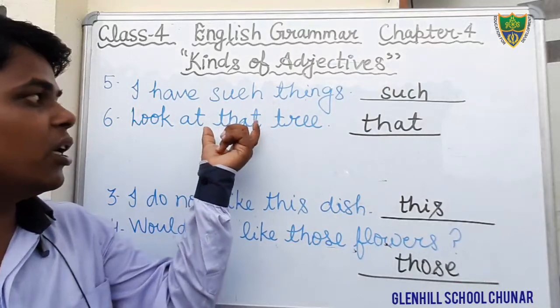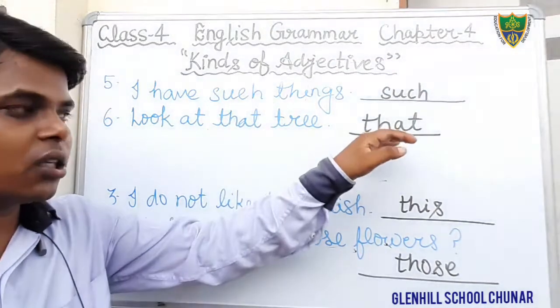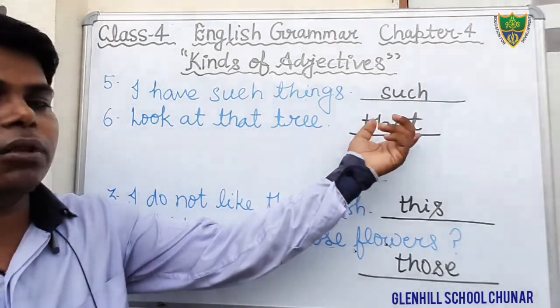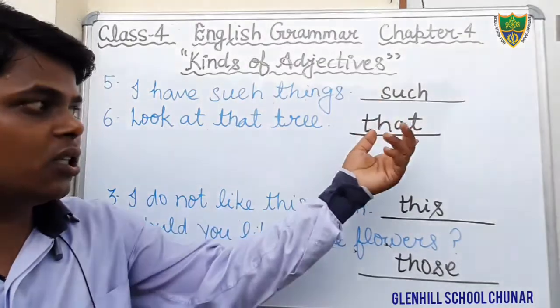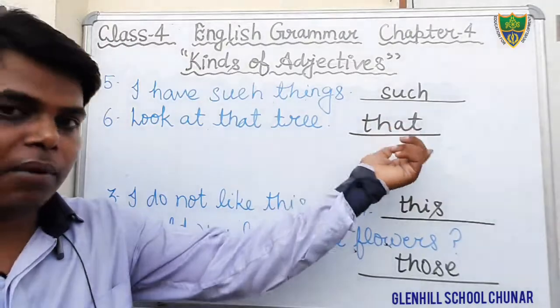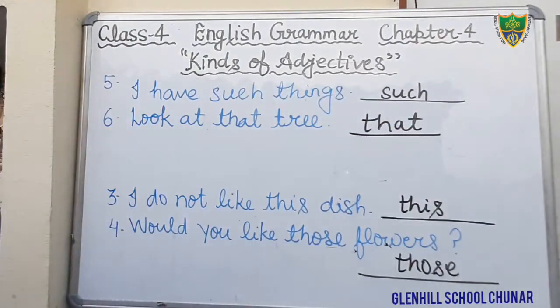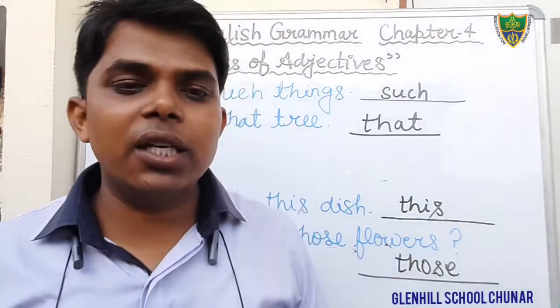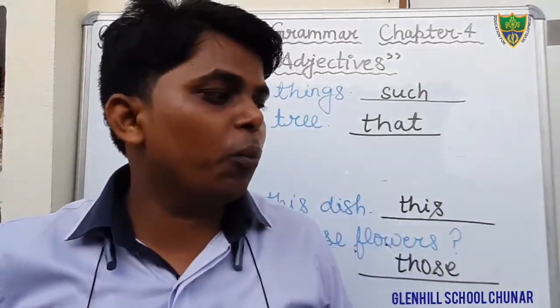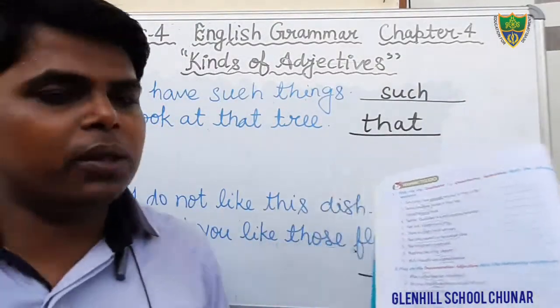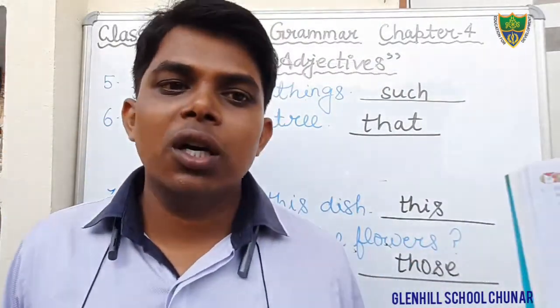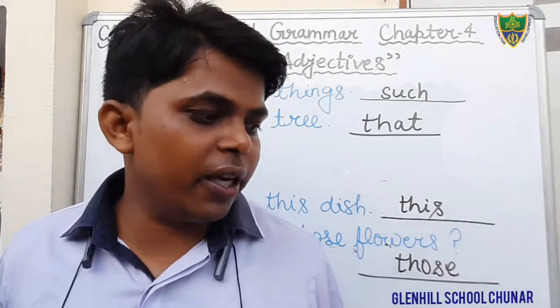So we will write the word that in this question, in the given blank. Okay, so students, in this way we have completed exercise number 2, in which we have to pick out the demonstrative adjective. And students, I hope that you all have understood this exercise, and that it is very, very simple.